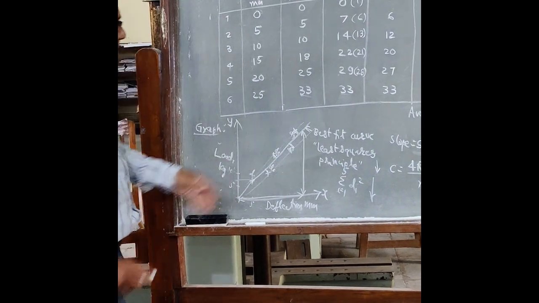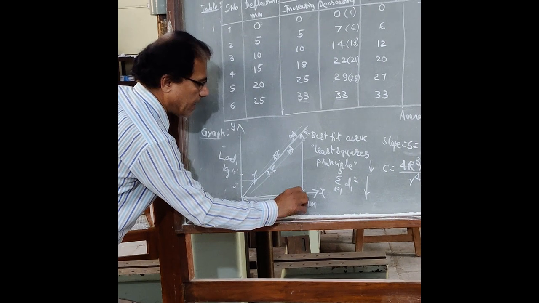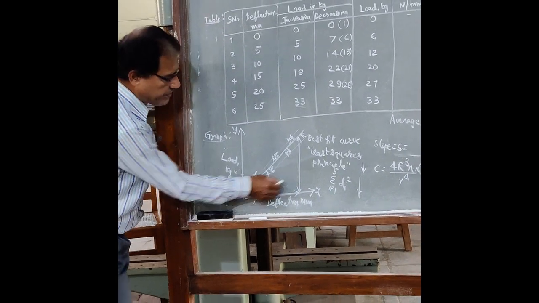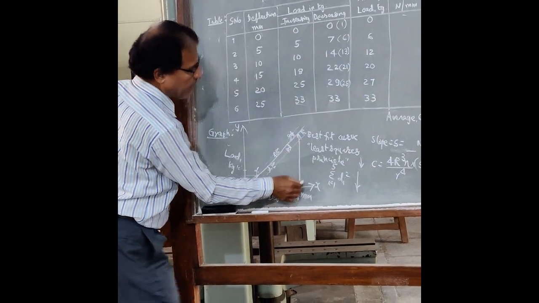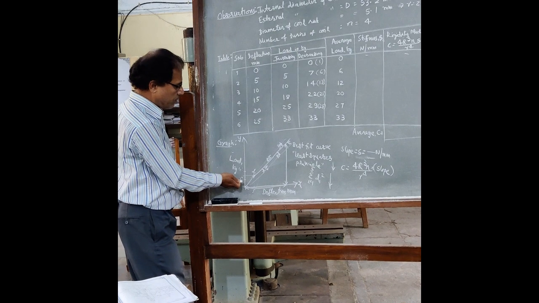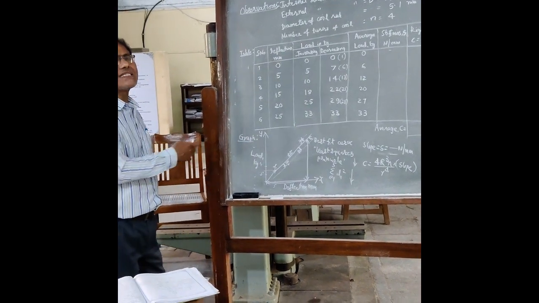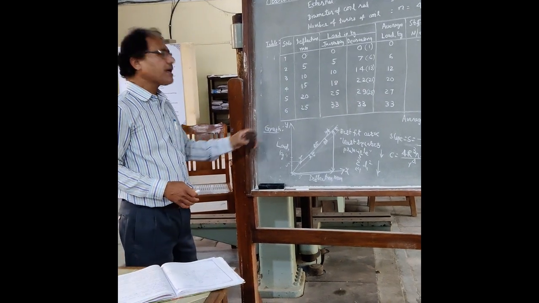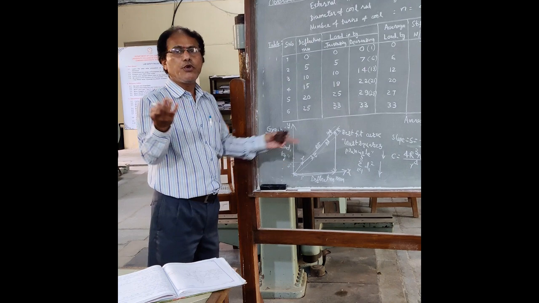Once I get this best fit curve, you take the maximum ordinate over the maximum abscissa, which is the slope of this curve. Note down the ordinate in the numerator and that abscissa in the denominator. That slope is nothing but the stiffness of this spring from the graph: so many kg per mm, or so many Newton per mm.